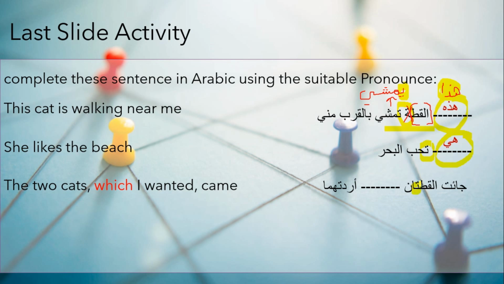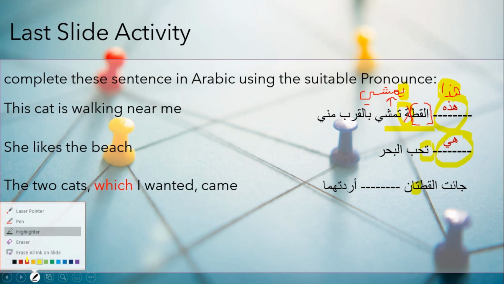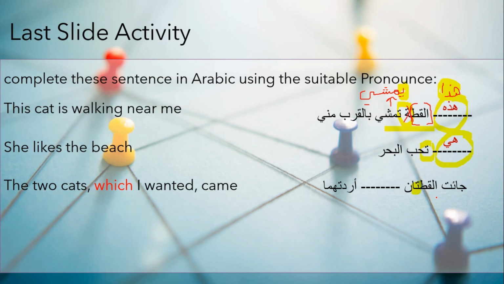What about the last sentence? We are saying جاءت القطتان, and then we have to fill this gap, and then أردتهما, I wanted. So القطة, after the letter ta, there is ta. If it's one singular cat, we'll say القطة.